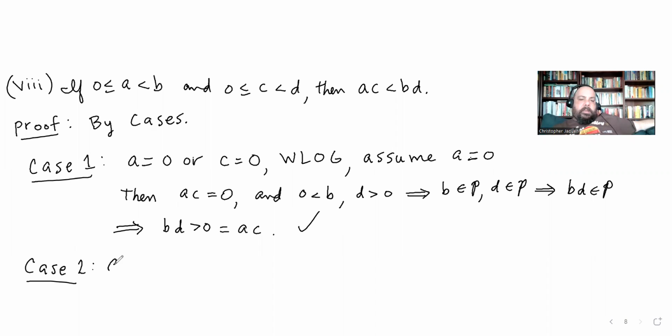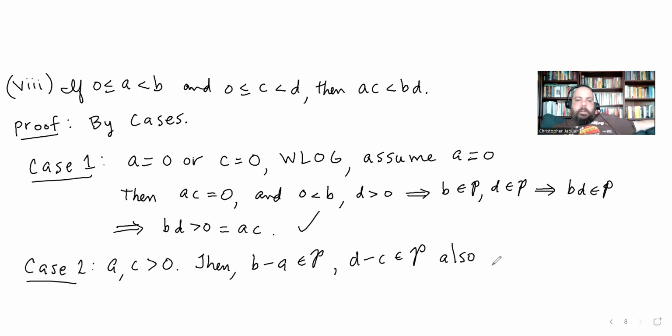Case 2 is A, C, both greater than 0. Okay, then B minus A is greater than 0. D minus C, same thing, by the hypothesis, right? So also B positive, and what else do I need?